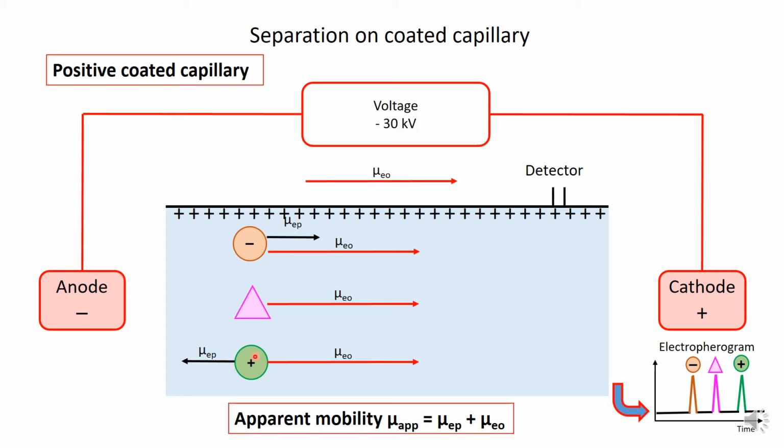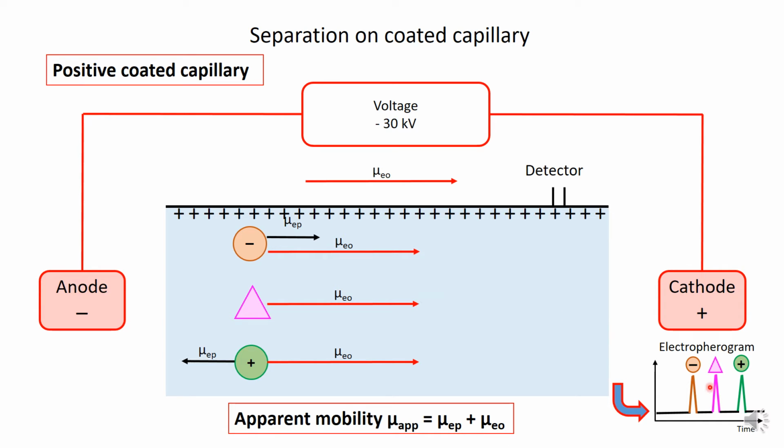And in that case, this is the cation. We can possibly separate or detect it depending on the value of the electroosmotic flow and the electrophoretic mobility. In all cases, the apparent mobility is equal to the electrophoretic mobility plus the electroosmotic mobility.